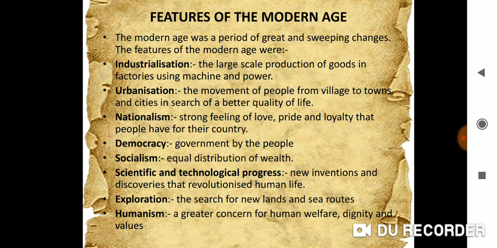So when people start to move from village areas to town or city areas in search of better quality of life, this is called urbanization. Maximum factories and industries grow up in city areas. So in search of jobs and a better life, village people usually come from the village area to the town area. This is the process called urbanization.